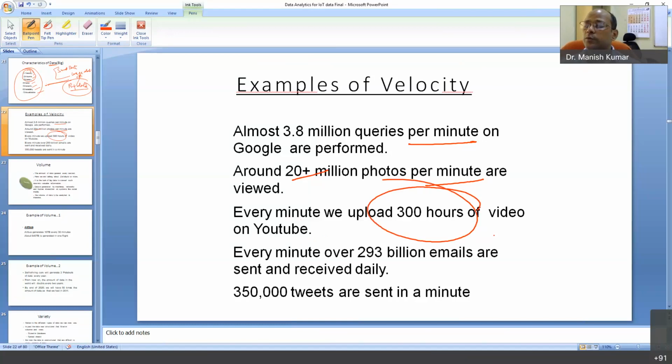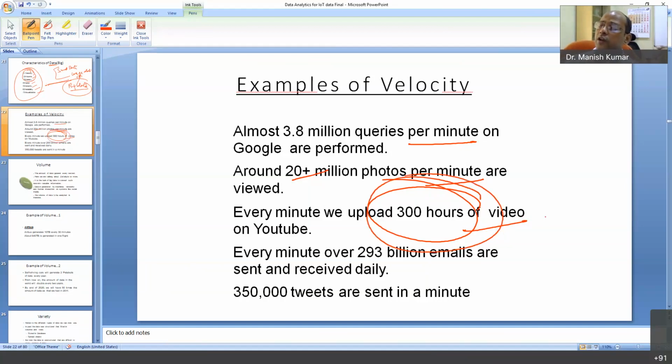The moment YouTube was conceptualized, very few hours of data were available on YouTube. But now, since we have travelers and videos related to food, travel, and so many other things, there are so many YouTubers involved, whether it is music or other domains.